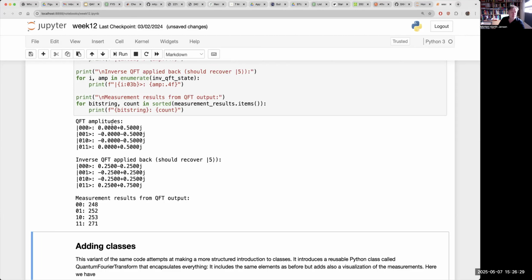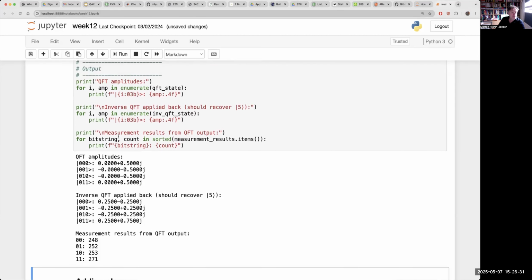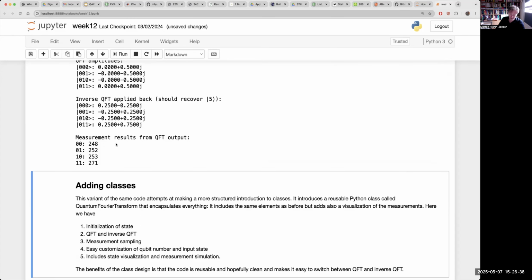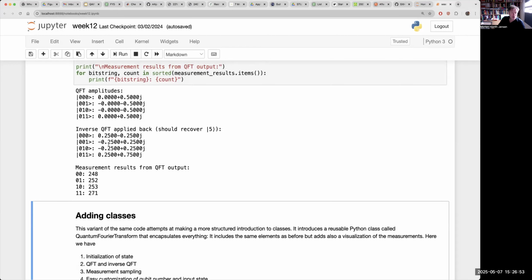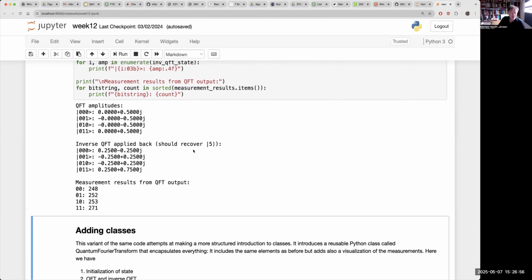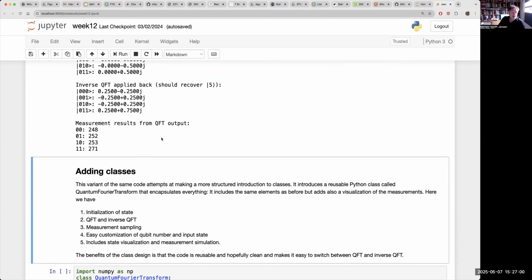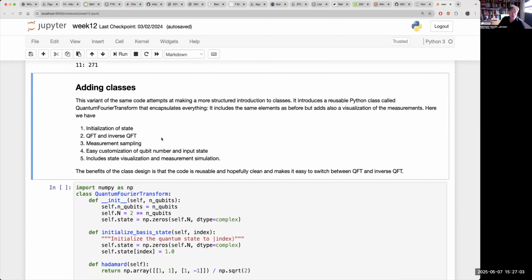Yeah, these are the QFT amplitudes, and we see we have the measurement, so we get a factor of a half in front of all of them. We have 4 states. And when we do the measurements, you see now that we roughly have 25% for each of the states. And that is what we would expect. So this is the inverse QFT, and it should not recover that state, but it should recover the state we started with. You can add classes now if you want to.